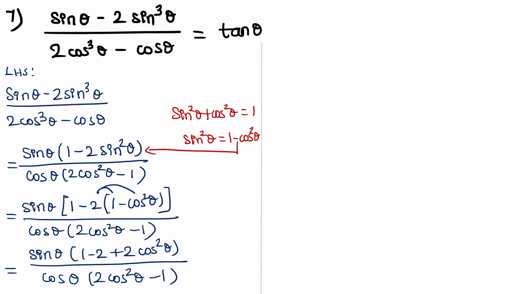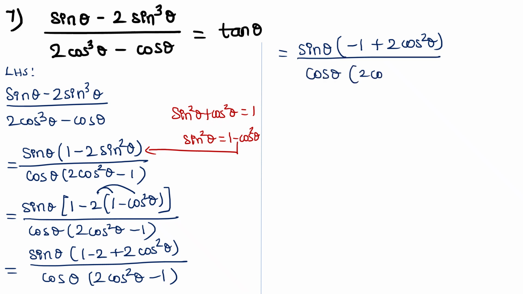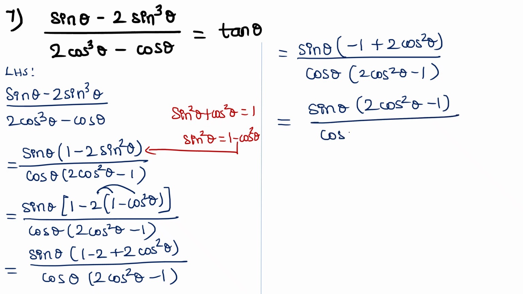So now 1 minus 2 you get as minus 1, which is sin theta into minus 1 plus 2 cos square theta, that whole divided by cos theta into 2 cos square theta minus 1. You can now, if you want, write it in the usual way, 2 cos square theta minus 1 by cos theta into 2 cos square theta minus 1.